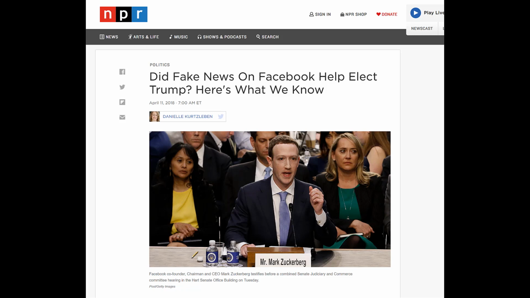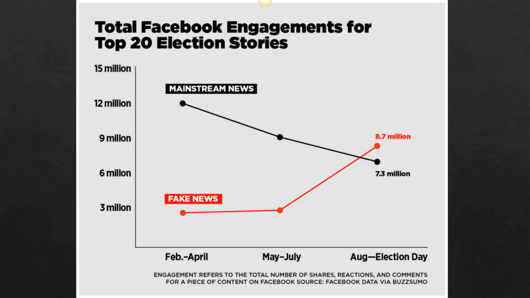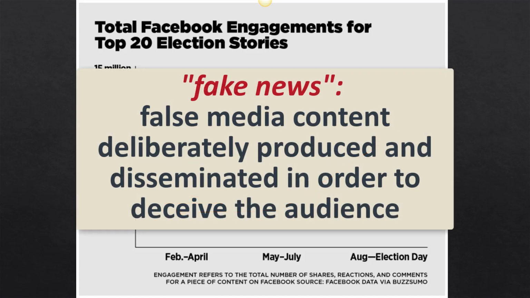So there was a really interesting study that was published by BuzzFeed that looked at total Facebook engagements for the top 20 election stories at various points during the 2016 election. Facebook was singled out because as people learned more about the fake news phenomenon, Facebook was one of the primary, if not the most important place where the dissemination of fake news, defined as deliberately incorrect information that's disseminated on purpose, occurred.